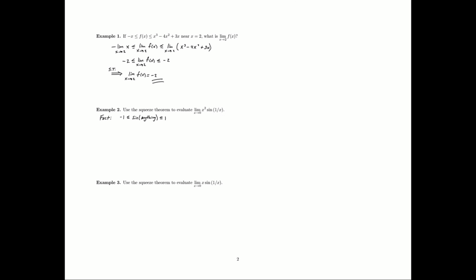No matter what you put in there, that's always true. So if this is true for anything, in particular, it has to be true for 1 over x. So that right there is what gives us an inequality to start with.